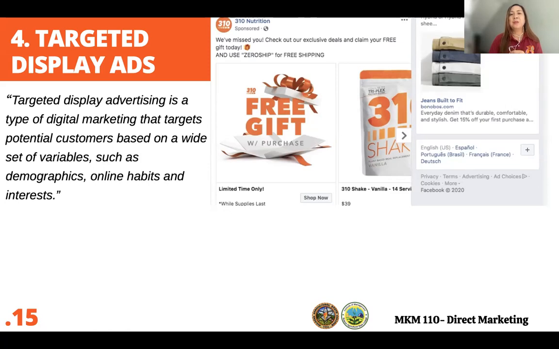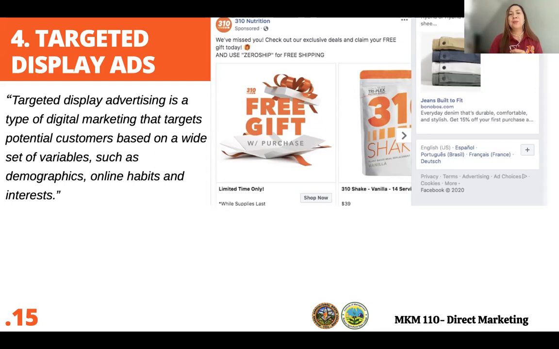It's basically because we are using gadgets every now and then: the cell phone, the social media, the websites. Knowing that it has an impact on every one of us, even if we only see it briefly. Our example here with 310 Nutrition is a screenshot of their Facebook account.